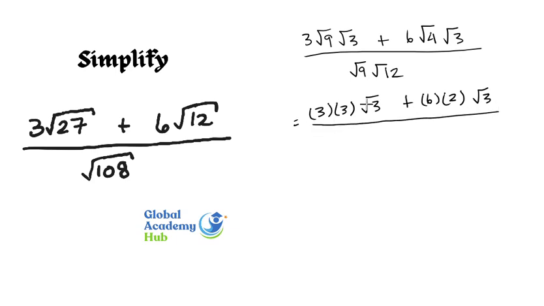And this is all divided by 3 multiplied by the square root of 12, because the square root of 9 is 3.